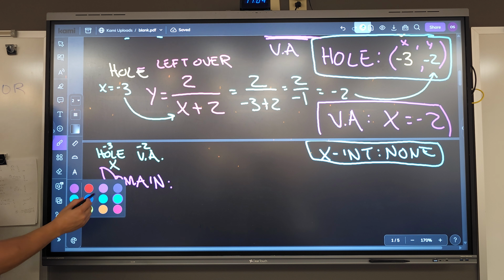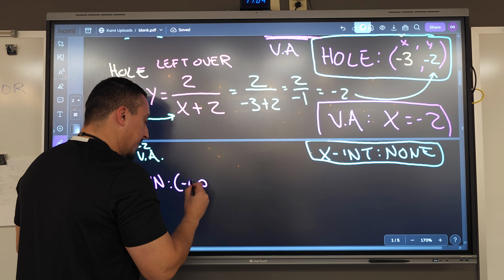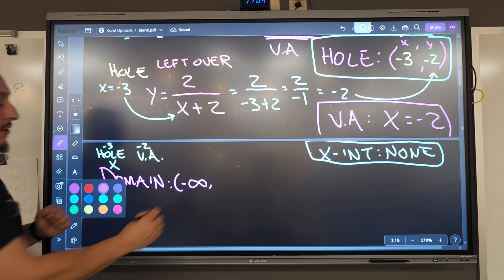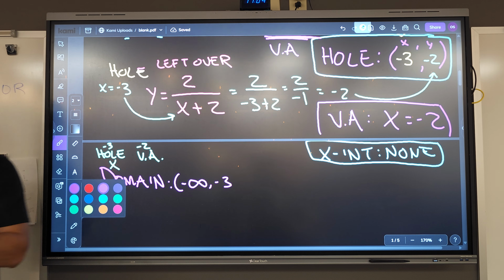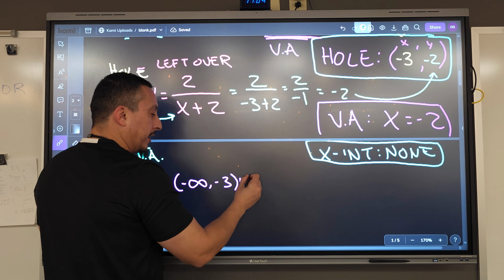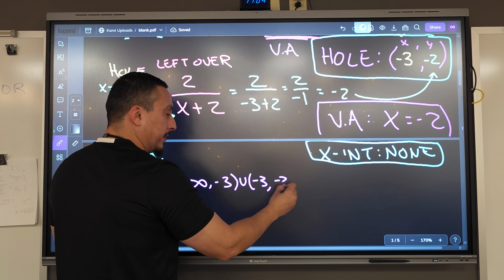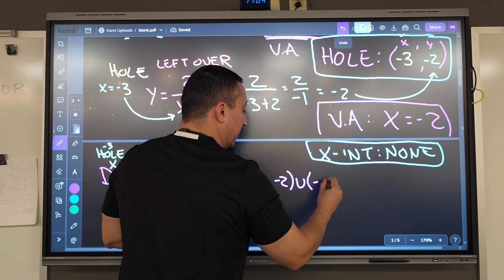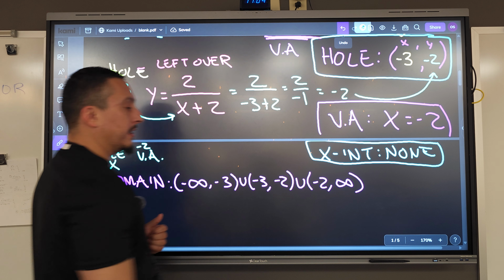So I go from -infinity, and then which one comes first if you're going from left to right? -3 or -2? -3. Right, so -3 comes first, and we jump over -3, and then we go all the way to -2, jump over -2, and then all the way to infinity.